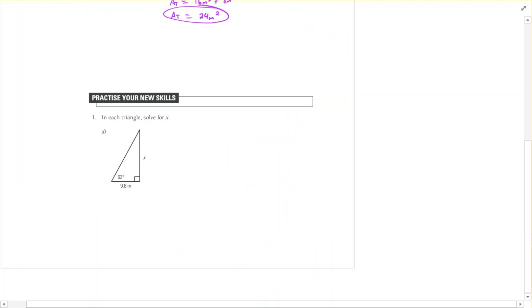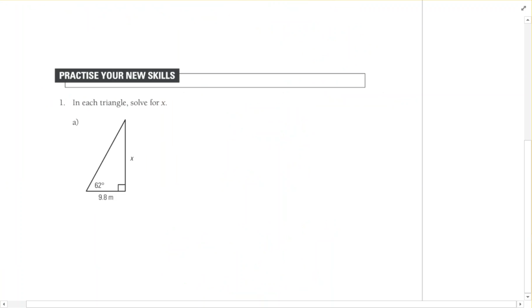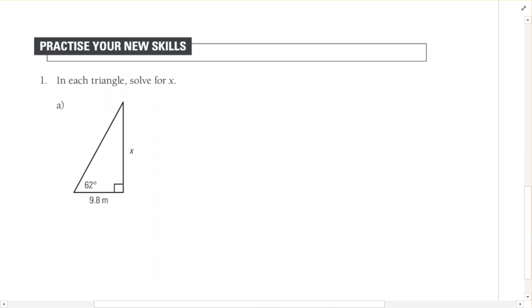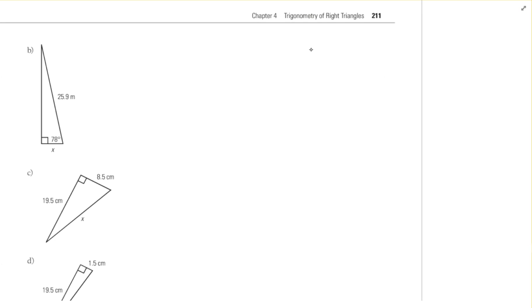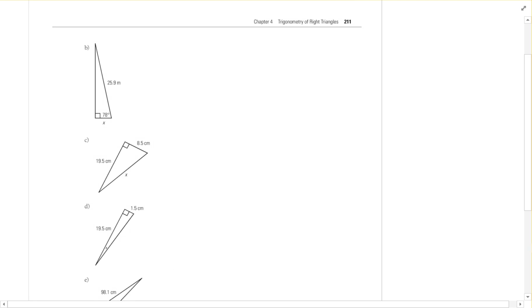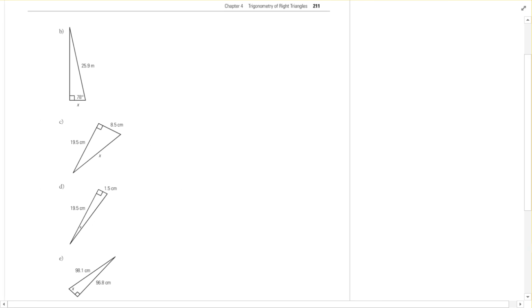All right, now it's time for you to practice your new skills. So they're going to start off a little easier and get a little harder. So I'm going to let you guys answer these ones on your own. So number 1, in each triangle, solve for x. So go ahead and answer number 1a now. Okay, and let's kind of do these all together.